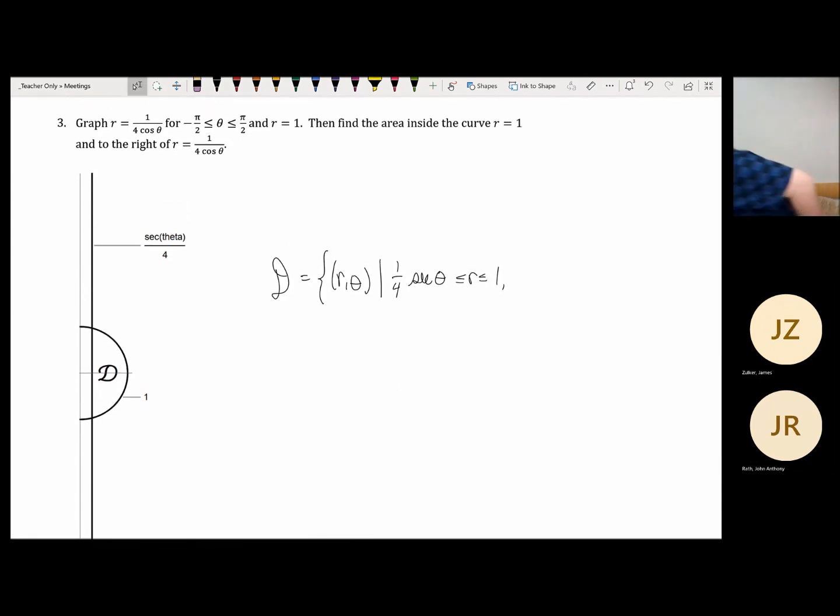We're rotating here. Find those angles, which is not difficult to do. Just set the r's equal to each other and solve for theta. Right, they're the points of intersection.